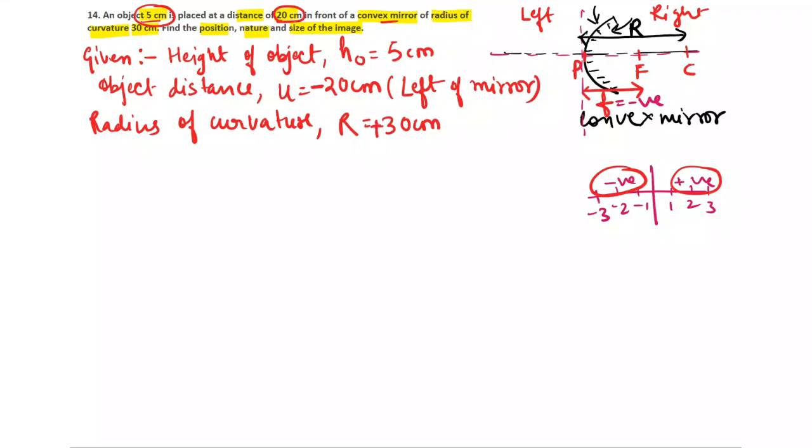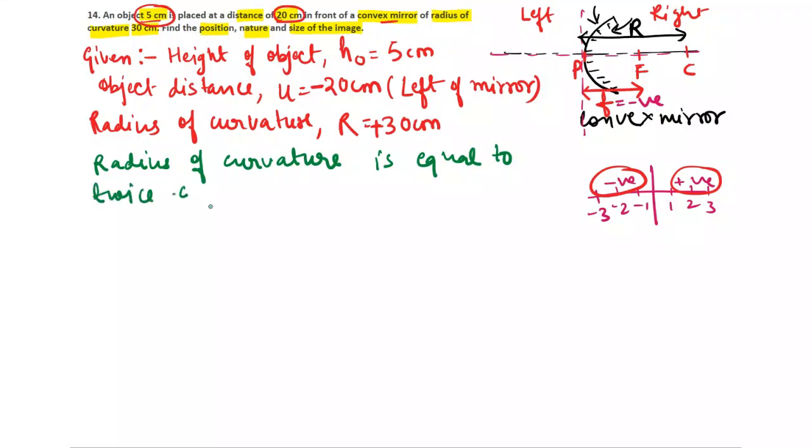Now, as we know the relation between radius of curvature and focal length F, the radius of curvature is equal to twice the focal length.